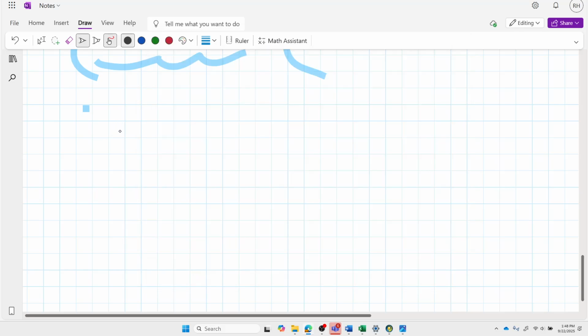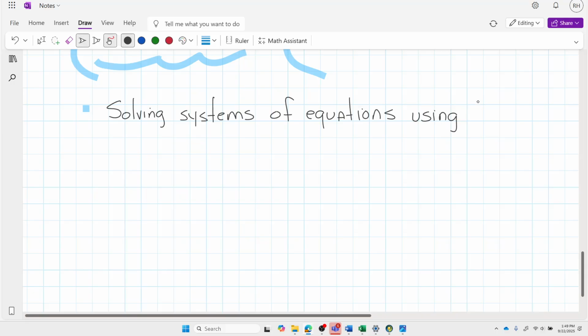All right, today we are going to be solving systems of equations using the substitution method.